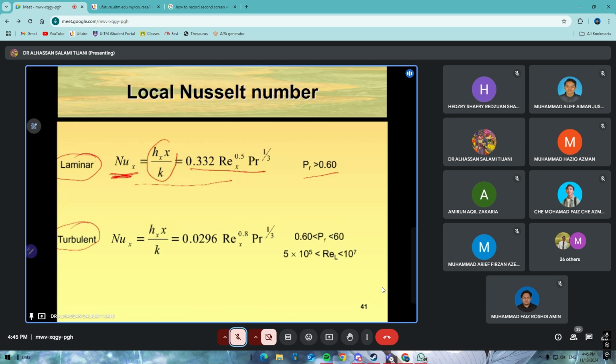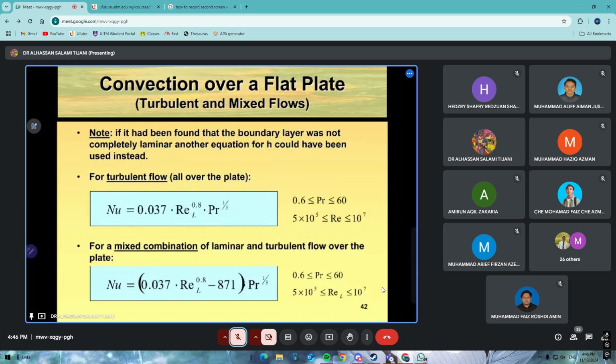You see that these equations are similar to some extent, so this can be used in both cases. But for a specific turbulent flow, this is the governing equation for a fluid flow across a flat plate where we have the Prandtl number greater than 0.6 but less than 60, and the Reynolds number greater than the critical Reynolds number but less than 10 raised to the power 7.